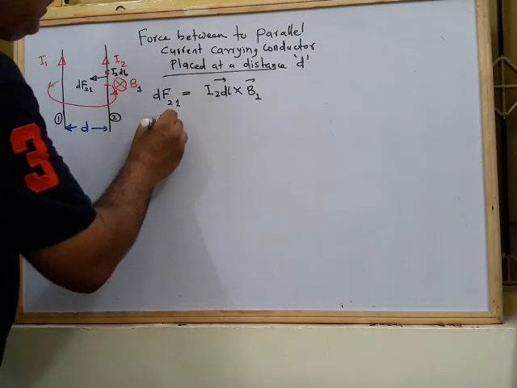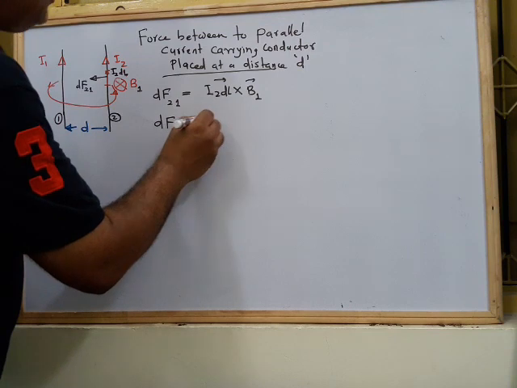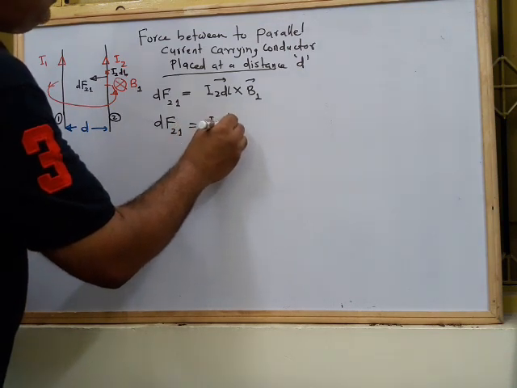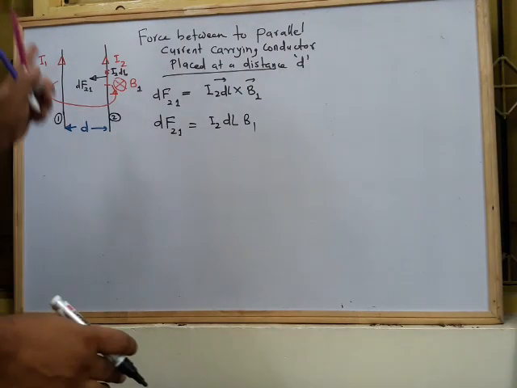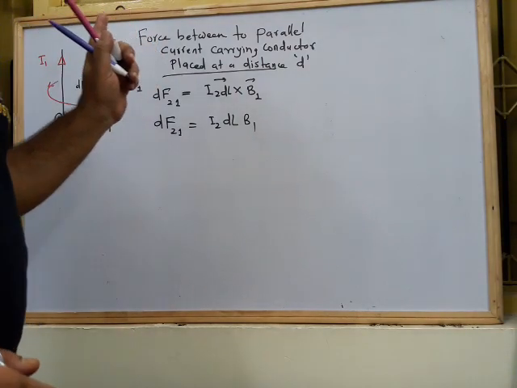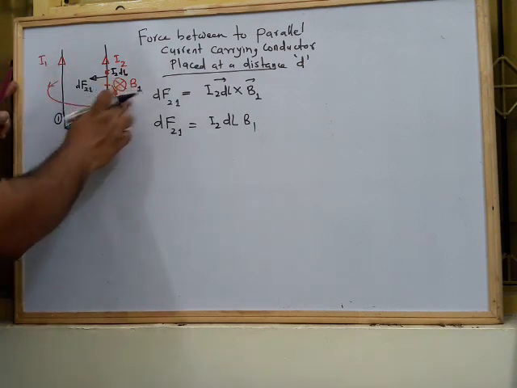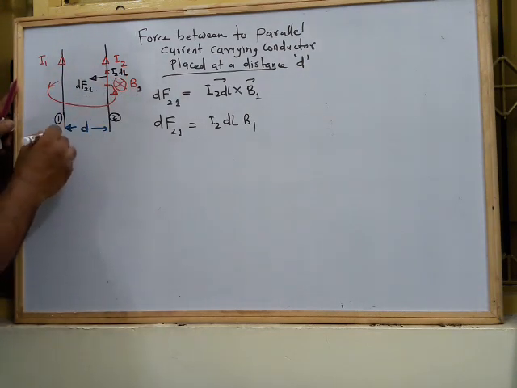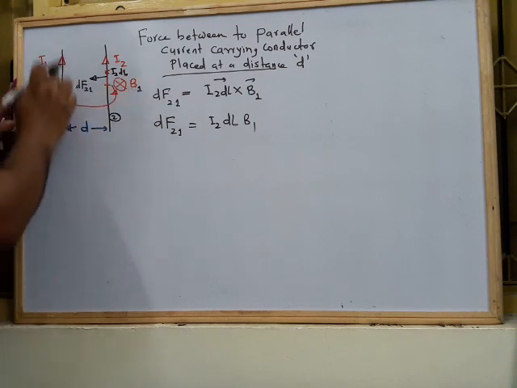So you can say that this dF21 is equal to I2DL, or simply it is B1. And from the last Ampere's circuital law application, we find what is the magnetic field B1 at a distance d from this wire carrying current I1.